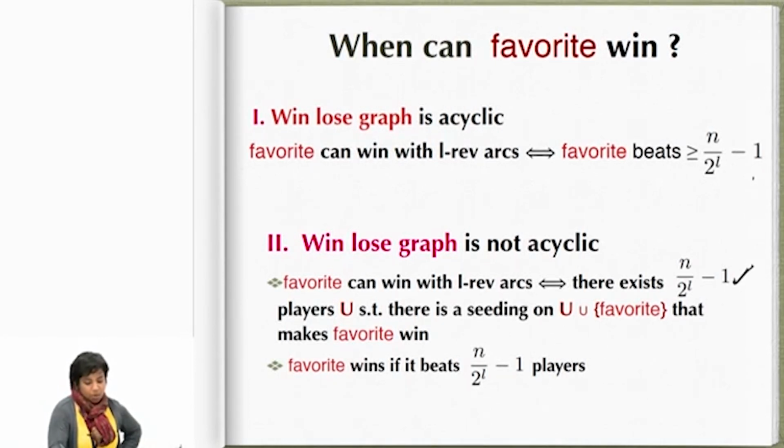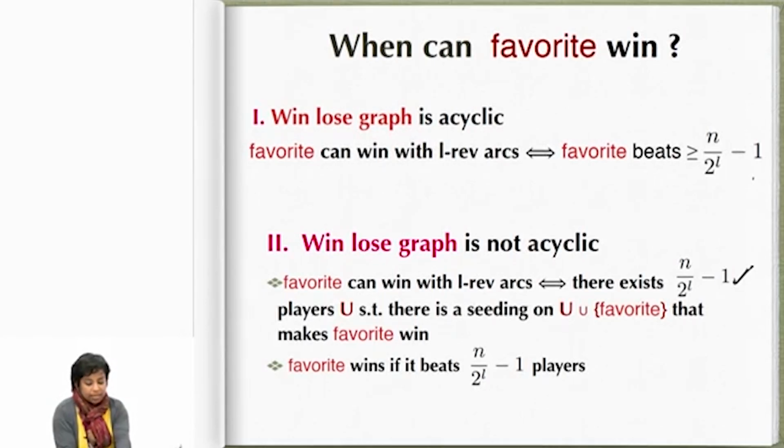Notice, we are not requiring that V star beats all of them. Instead, we are saying that there exists a seeding, because the first condition may not actually hold true; this is a more unique condition. We are saying there exists a seeding on this that makes the favorite win.